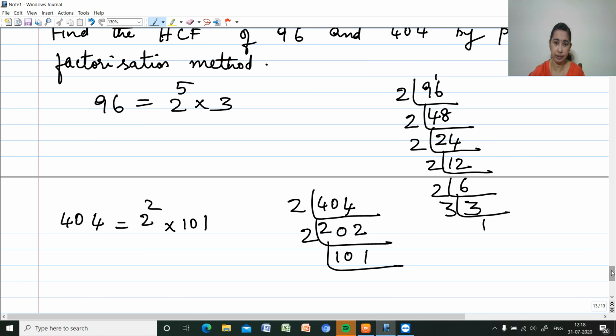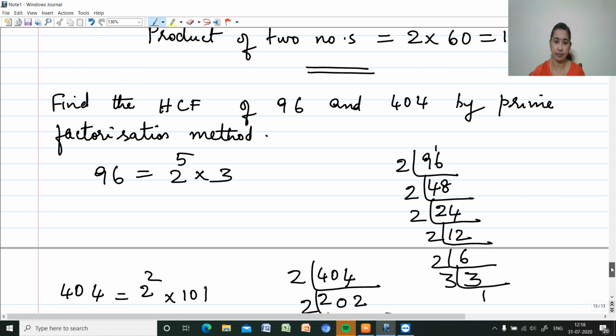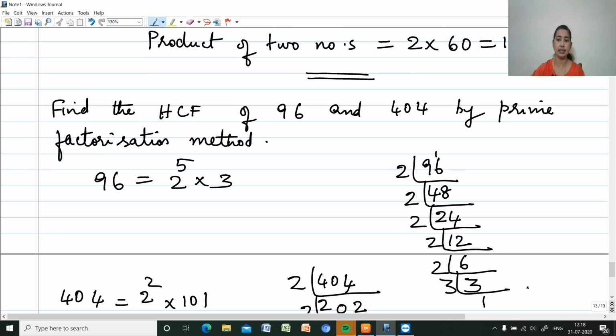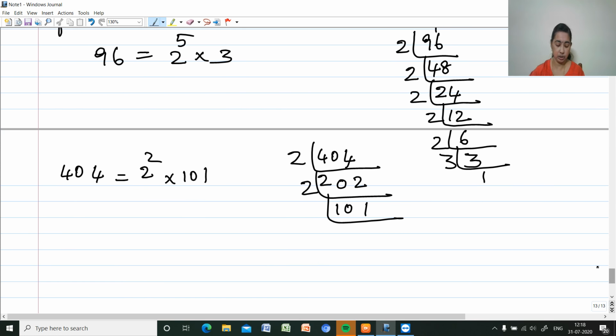Now we have to find the HCF of these two numbers. Find the HCF of 96 and 404 by prime factorization method. So how to find the HCF of both these numbers? We can see the common factor in both 96 and 404. Here 2 square is there, here 2 raised to 5 is there.